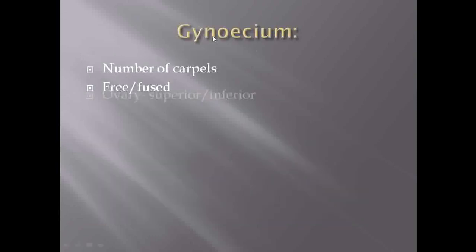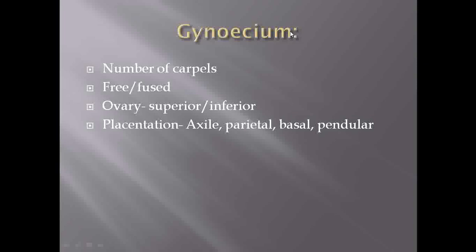Then next about the gynoecium. In that we have to know how many carpels are present, then whether they are free or fused. While describing a free one, you write apocarpous, or if they are fused, it is called syncarpous. Then whether the ovary is superior or inferior.